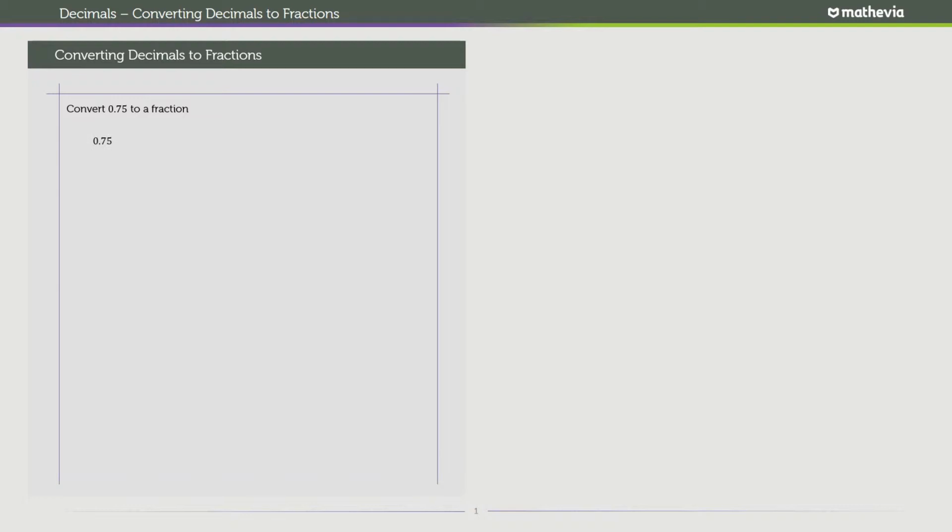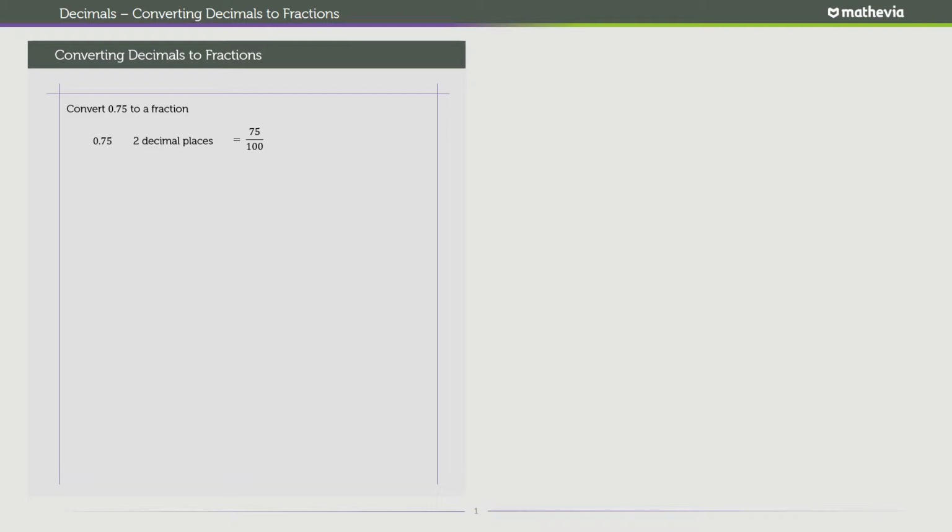If you recall, 0.75 has two decimal places, and when you express a decimal like this as a fraction, it is 75, the number that comes after the decimal point, divided by 100.